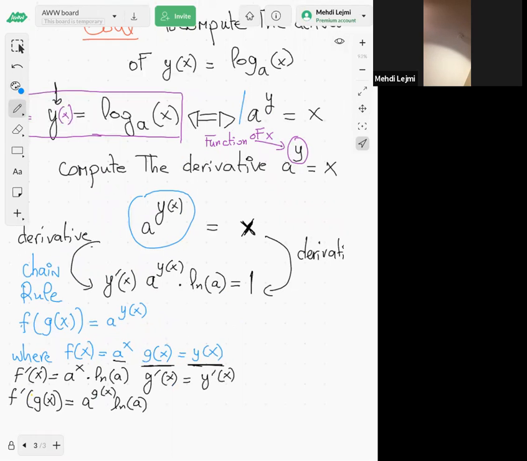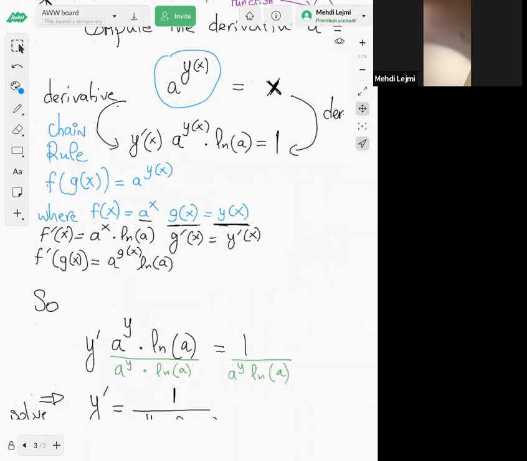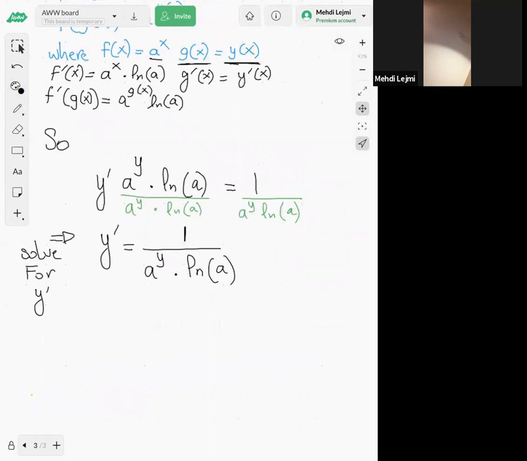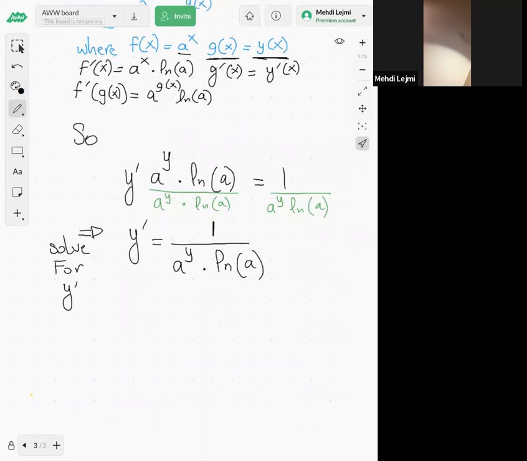So you see here, a to the y is equal to x. So y prime of x would be 1 over x times ln of a.